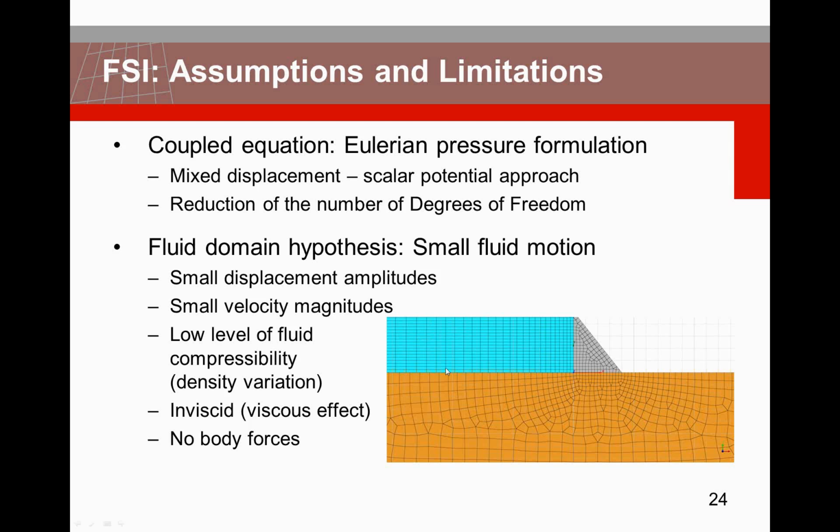As you can see here in this example, someone pointed out in an earlier presentation that the mesh of the fluid is not matching with the mesh of the solid. That's because in this example there is only a fluid structure interface placed here between the fluid and the dam at the reservoir bottom and the reservoir itself.